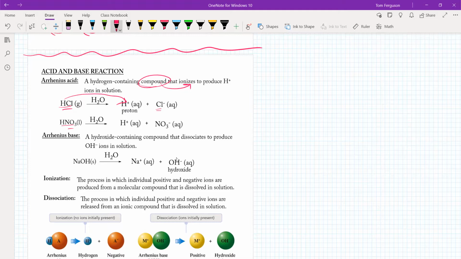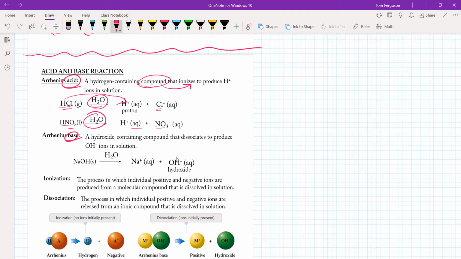Here we have H. Does it ionize? Yes, it does. So it becomes H+ and NO3- left over. And notice this is in water. So that's an acid.